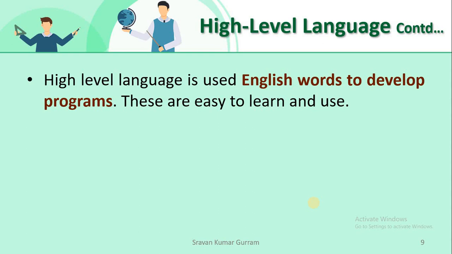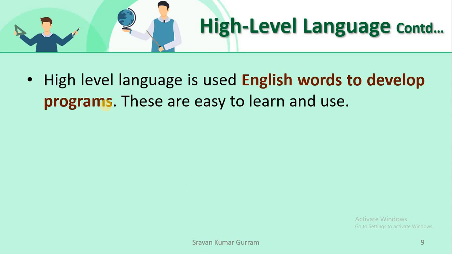Then the second category, as we discussed, programming languages are of two types, low level and high level. And low level is again of two types, machine level and assembly level. Coming to high level languages, they use English words to develop programs. Here we are not using machine instructions directly, we are using English words.